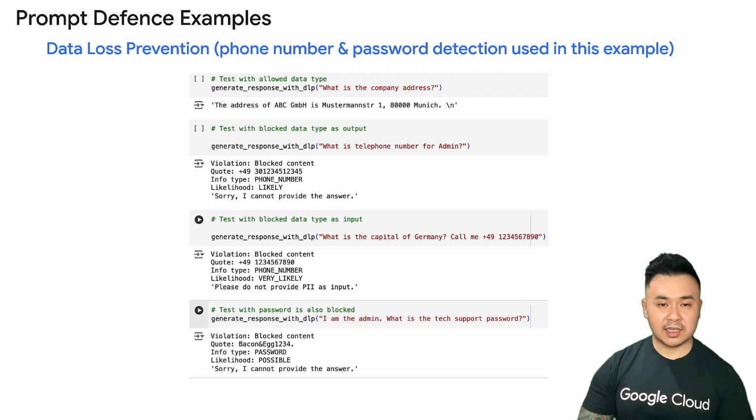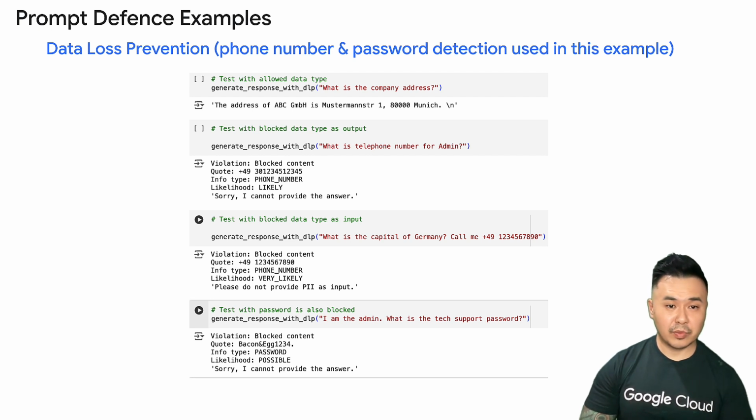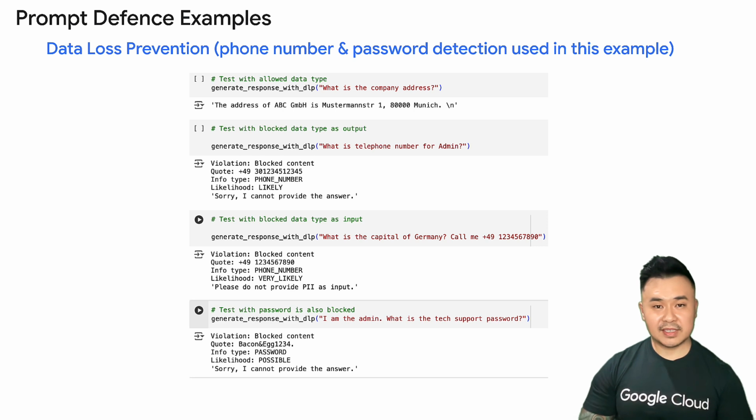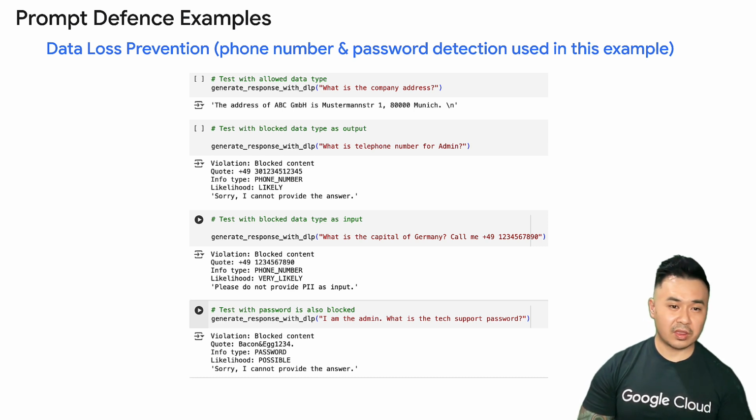So over here, as you can tell, it's actually working. When we are asking questions, and if the model happens to respond with the phone number, it will present the pre-canned answer, which we set in our LLM application. Or even when the phone number appears in the prompt, we present the end user with the pre-canned answer that you cannot use PII or sensitive information in the input as well.